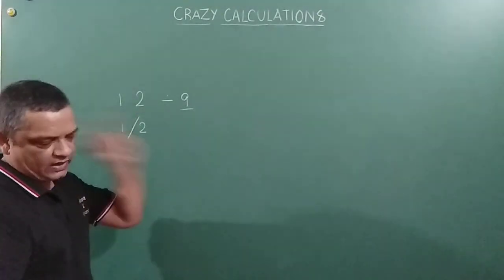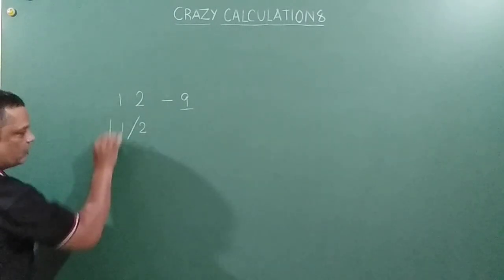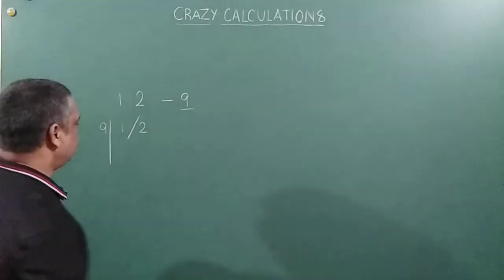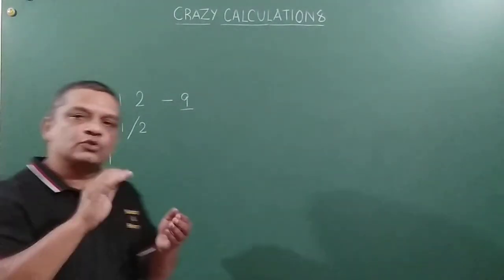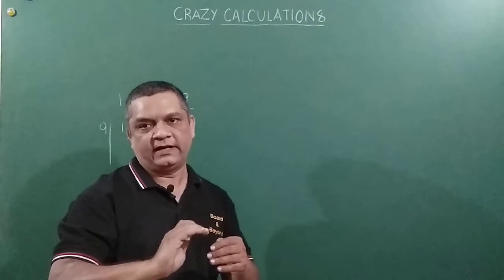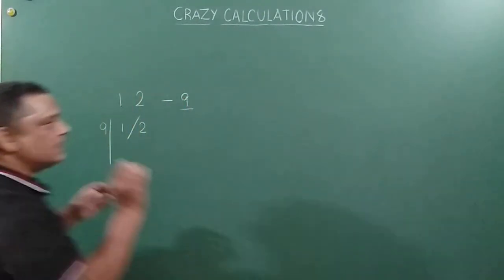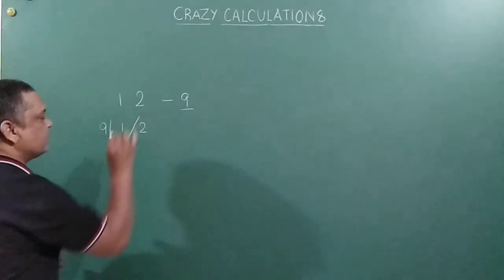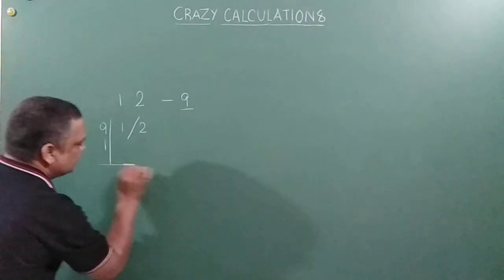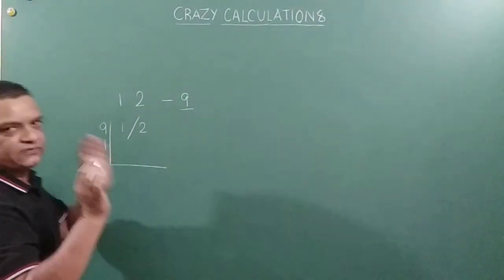Now I am going to write 9 here, which is my divisor. And 9 is close to the base, that is 10, but 1 lesser than the base. So the difference of the base and the divisor I am going to write here. This completes the representation process, friends.